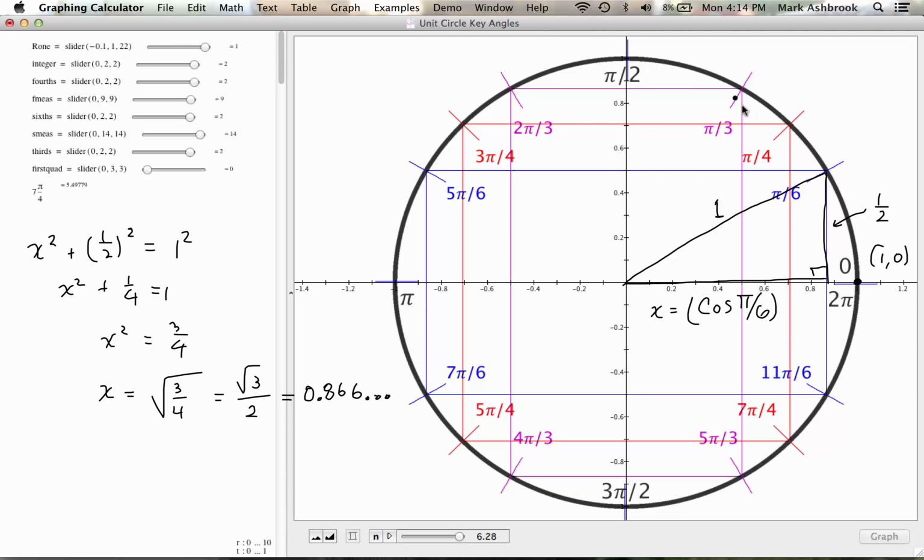Now if we look at pi over 3, we see that this is really a congruent triangle to this one, because pi over 6 and pi over 3 break up this first quadrant exactly into thirds. We really have a symmetric situation to pi over 6, except now the sine and cosine are reversed.